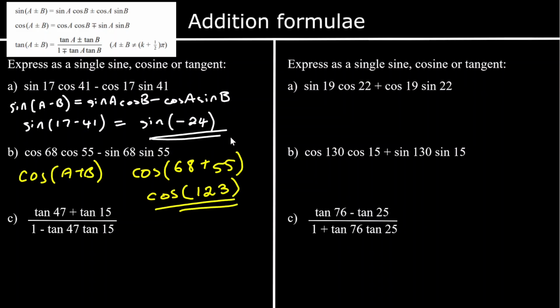And the last one, we've got a tan. It's plus on the top, minus on the bottom. So it's the top one, which is tan A plus B. So it's tan(47 plus 15).